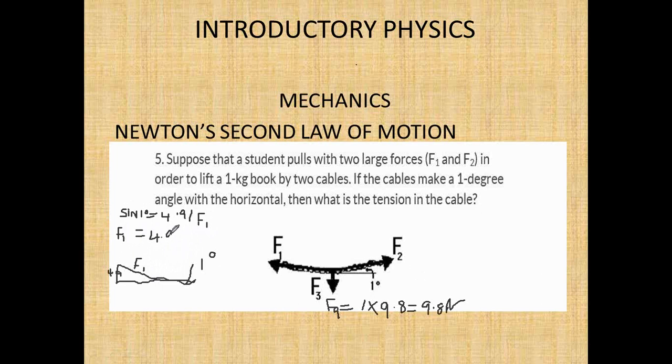divided by the sine of 1 degree. And that is equal to, all right, so 4.9 divided by sine 1 is 281. So that's 281 newtons.